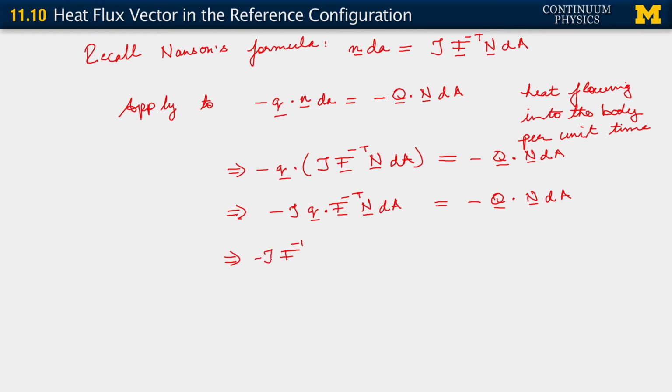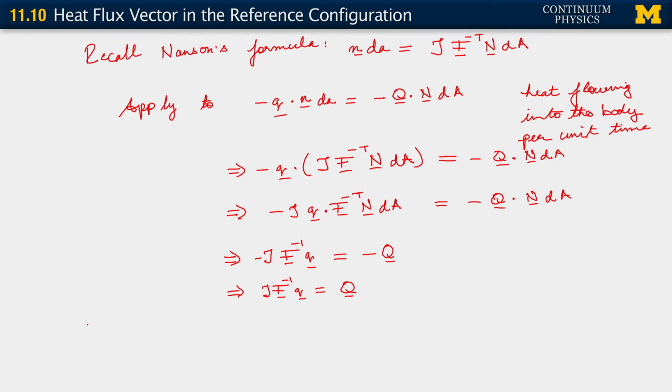Minus J F inverse q equals minus capital Q. Okay, by observation, and we can look at it in indicial notation and also make sure that things work out correctly, and we'll do that. Okay, which then of course this means that the relation between the heat flux vectors in the two configurations is J F inverse q equals capital Q. Okay, where little q's in the current configuration, capital Q's in the reference configuration.